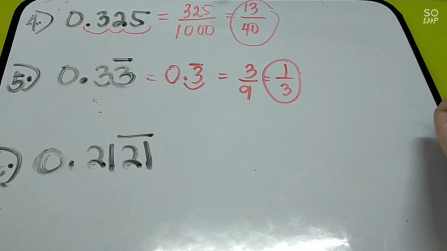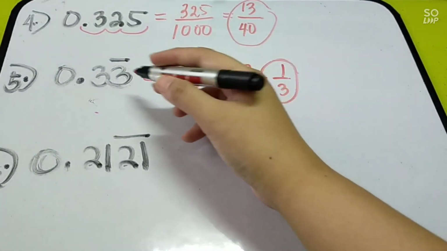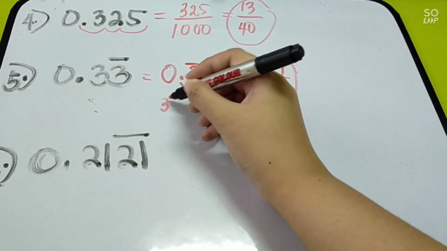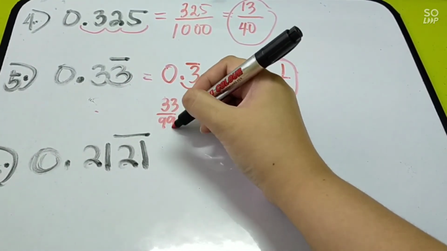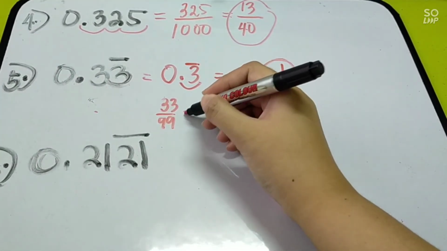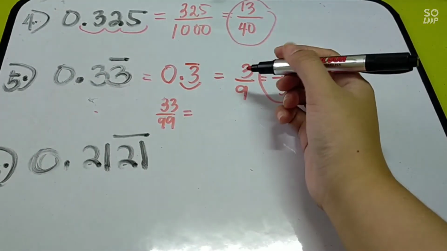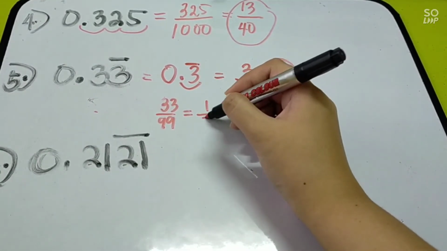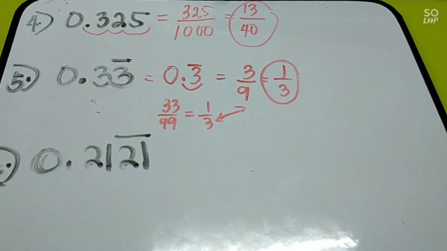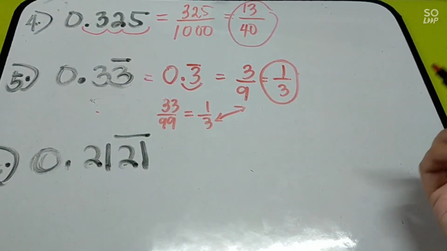We're done. Okay? It is the same if you use this: if 0.33, it becomes 33 over 99. You just make them equivalent. 33 over 99, they are divisible by 33, so it becomes 1 over 3. The answer is still the same. Understood? That is how it works when it is repeating.